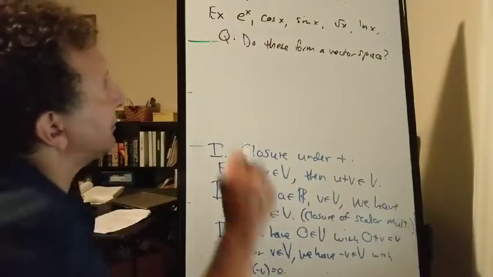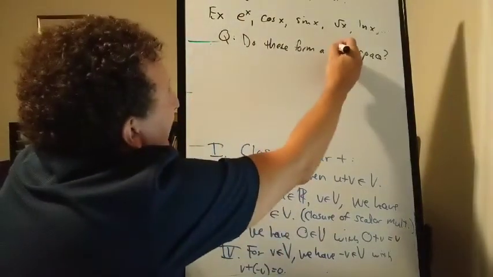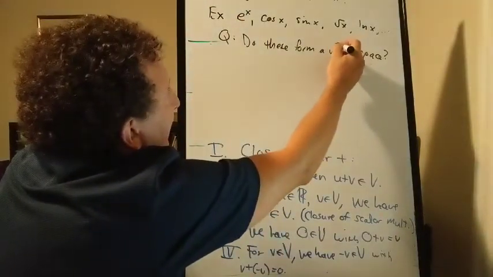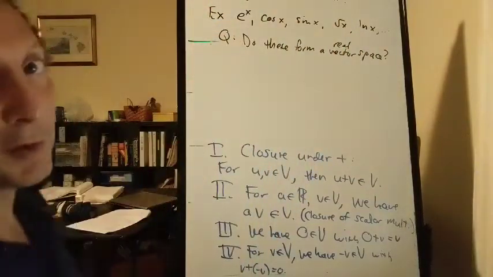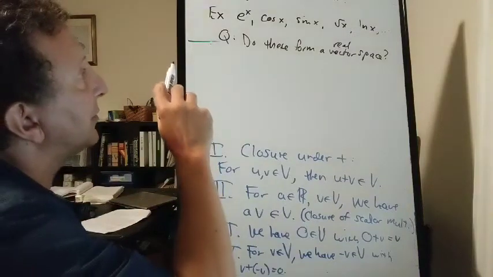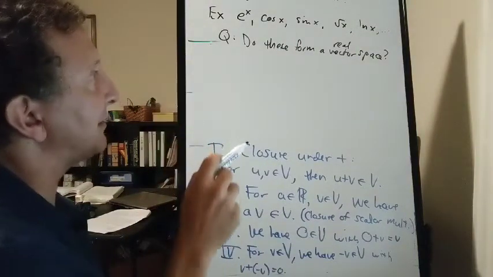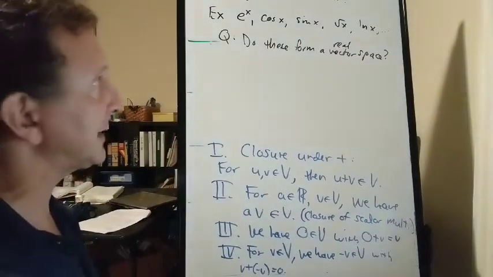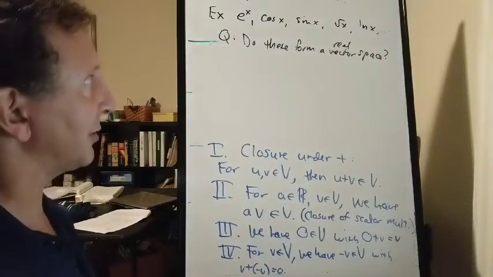Well, since a function of a real variable, let's say a real vector space, since a function of a real variable takes a real number and spits out a real number, some or all of the properties that involve addition and multiplication of real numbers are going to be satisfied.